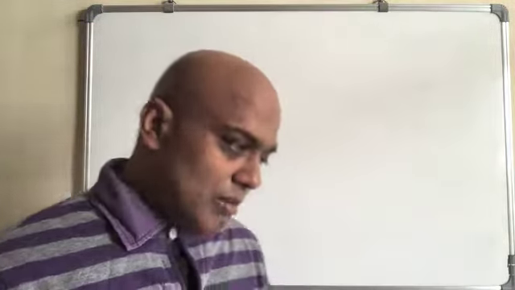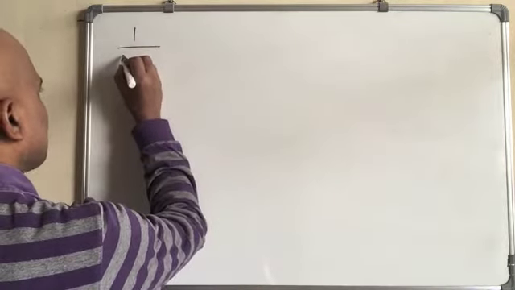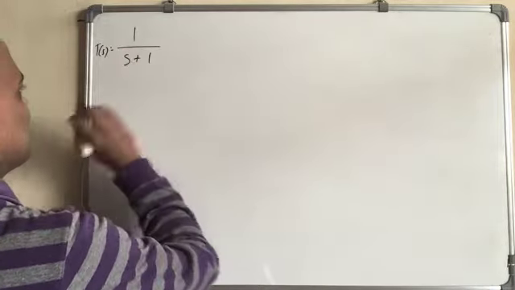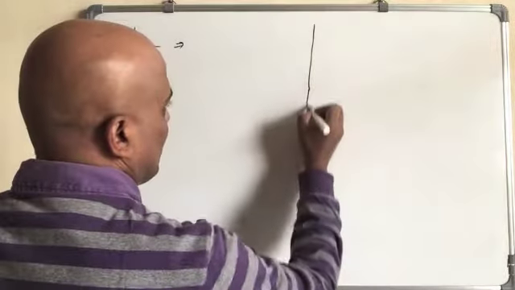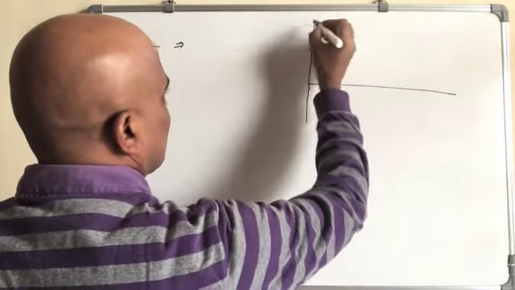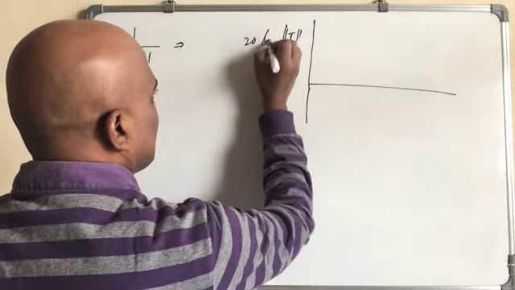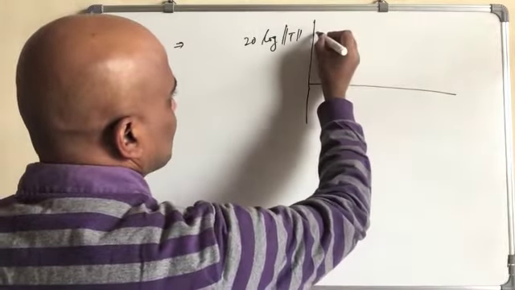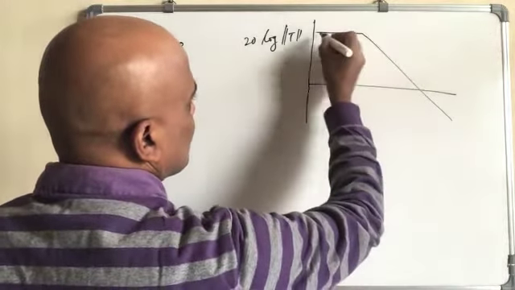Yeah, so the Bode diagram for a first order system, yesterday I drew this for this one, right? If your transfer function T(s) equals this one, then the Bode plot that we looked at was this: you plot 20 log of this, which will go like this, and from here it will go like this.